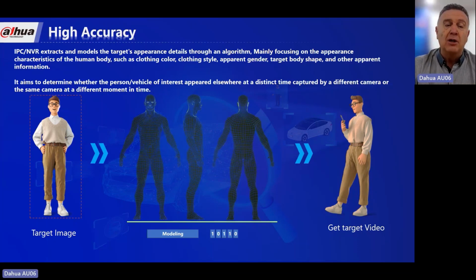It aims to determine whether the person or vehicle of interest appeared elsewhere at a distinct time, captured by a different camera, or the same camera at a different moment in time.